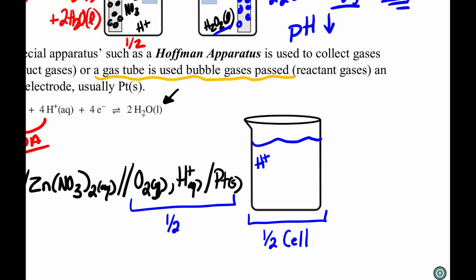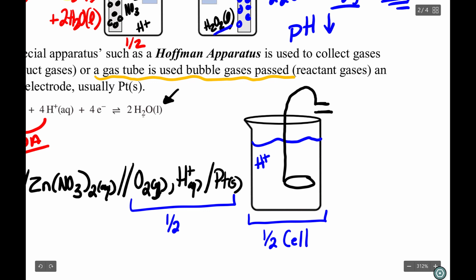And so a gas tube kind of looks like an inverted test tube, except it has a little spigot coming out one side. And then it comes down. So it kind of looks like a test tube, like a test tube would look like this, obviously the other way around. It wouldn't have the little spigot on it.